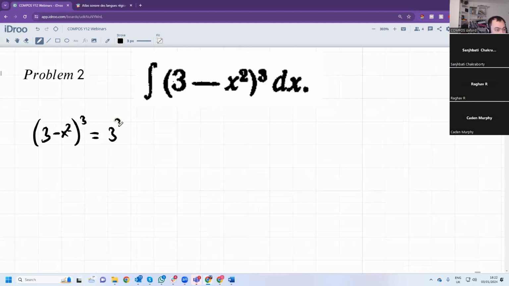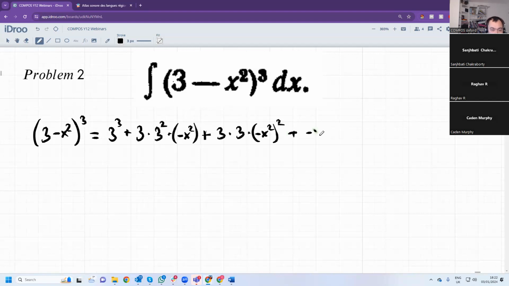It's going to be 3 cubed, minus 3 multiplied by 3 squared multiplied by x squared, plus 3 multiplied by 3 multiplied by (minus x squared) squared, plus (minus x squared) cubed.